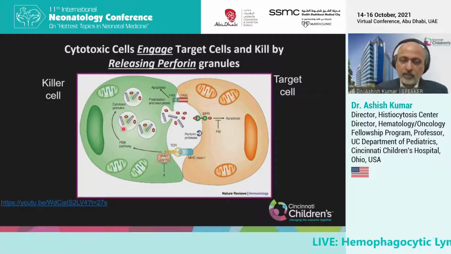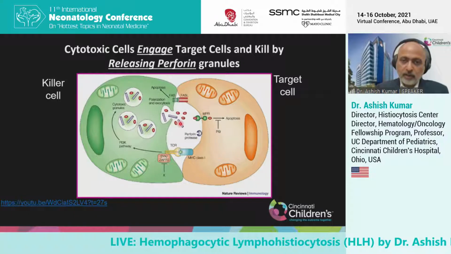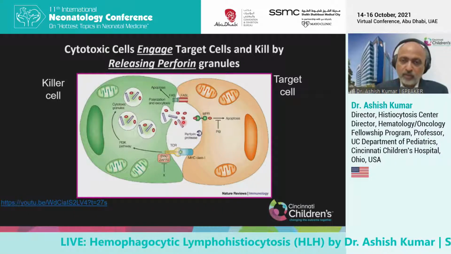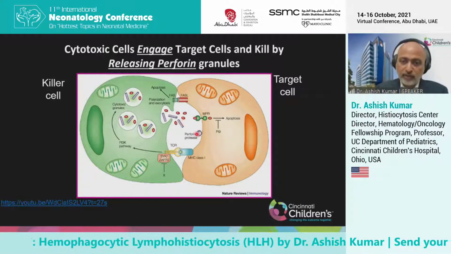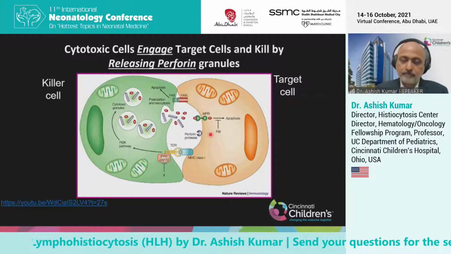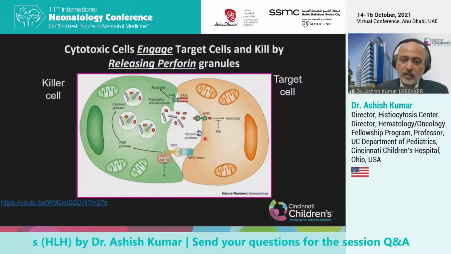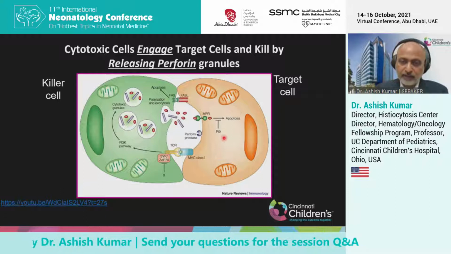And the cytotoxic cell will then release the contents of these cytotoxic granules. In these granules are two chemicals. One is perforin, which is a protein that makes a pore or perforates the target cell, the target plasma membrane, through which will enter granzyme, and that will destroy this cell.